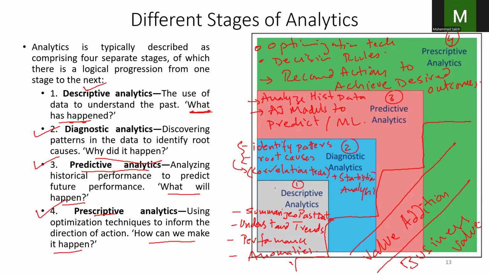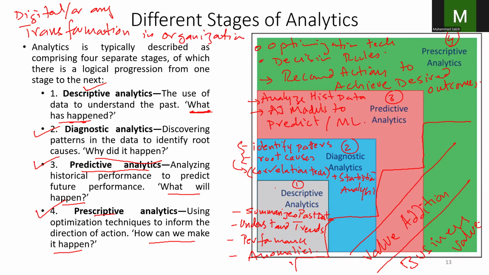For any organization, for example the digital transformation, or any transformation in an organization, this should be properly followed, and this will make sure that whatever decision making we do, it will be value added, a transformation structure roadmap.